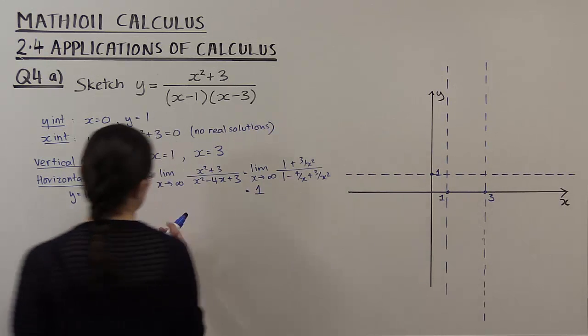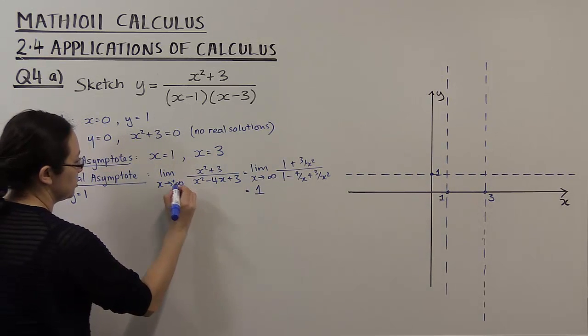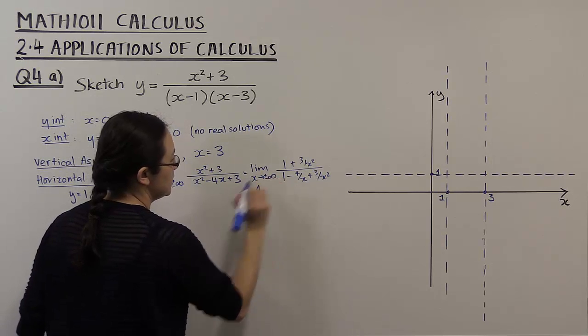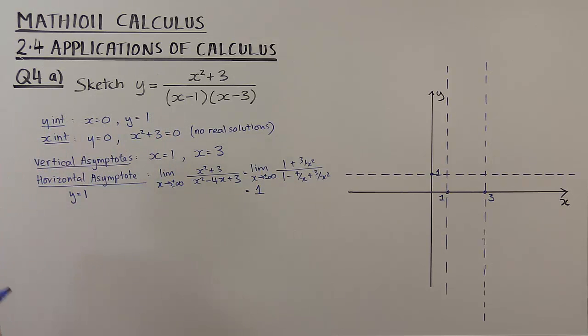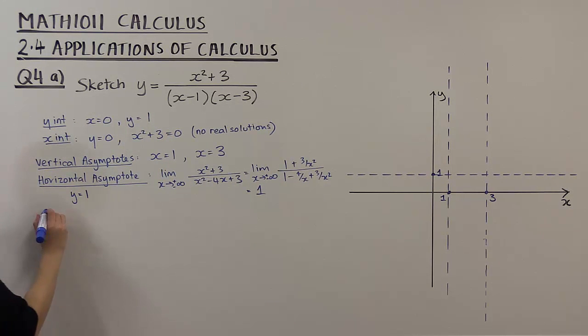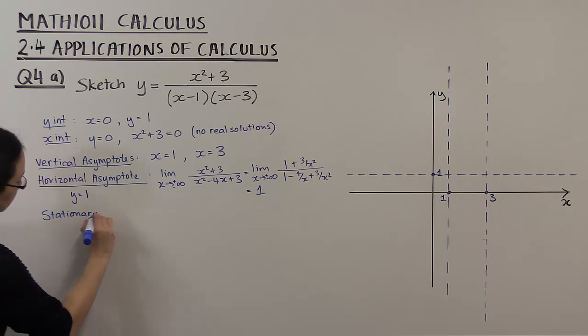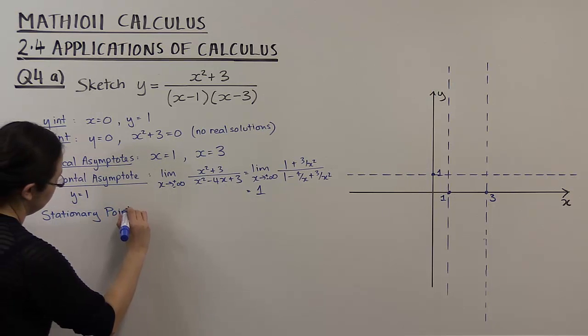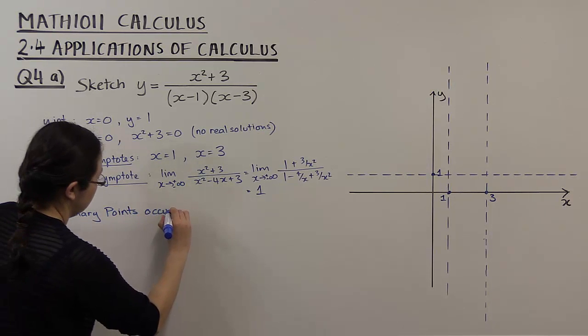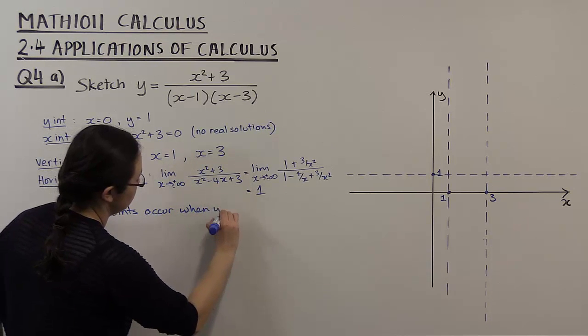Okay. So this was actually the limit. As x approaches plus or minus infinity, it's still going to approach 1. So stationary points are going to occur when y dash is 0.